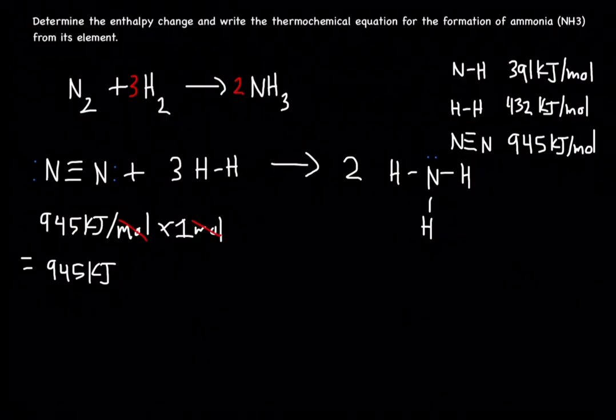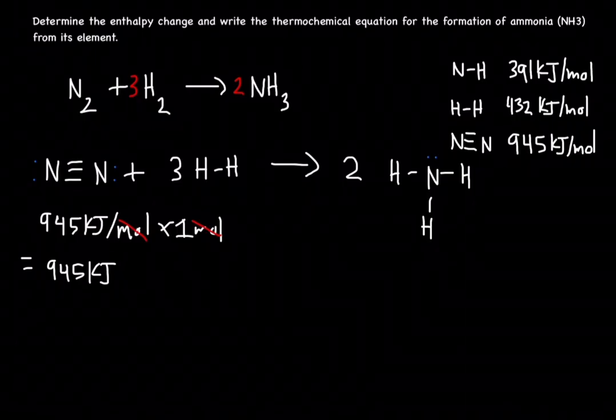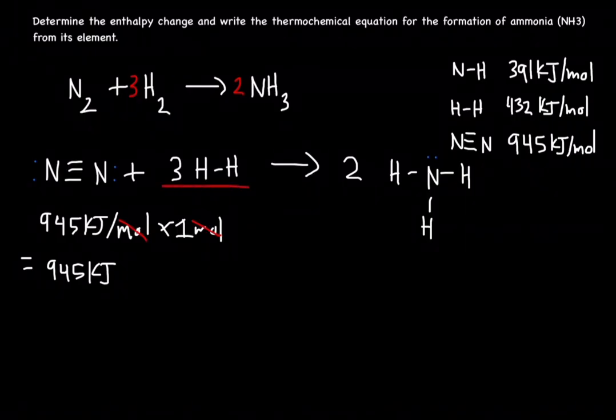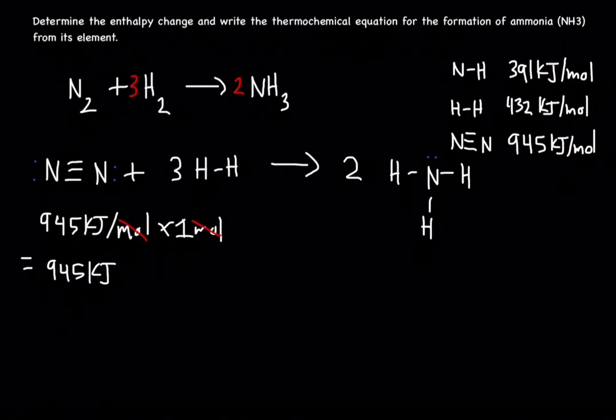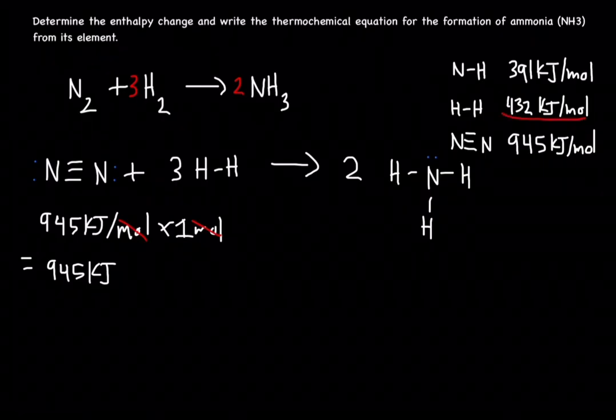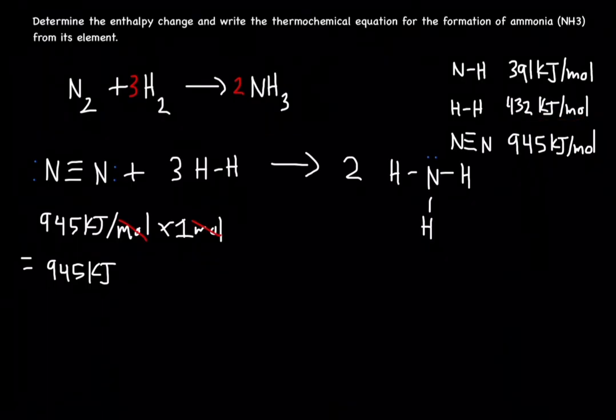That's the amount of energy required to break 1 mole of nitrogen gas. And now for hydrogen gas, so we have 3 mole, and the hydrogen bond energy is 432 kilojoule per mole.